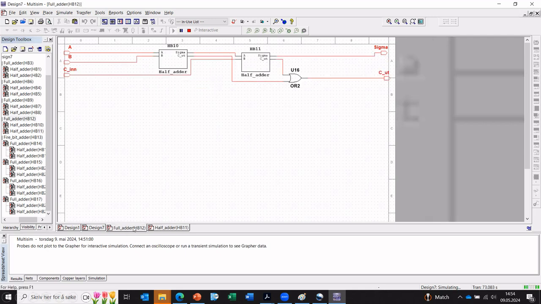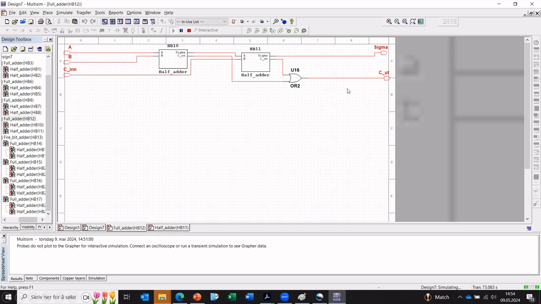Then we have the full adder, which is two half adders put together like this. And we have carry in, we have an A and a B. The A and the B go into the first half adder, and out of the first half adder, the sigma goes into A on the next half adder, and the C out on the first half adder is ORed with the C out of the second half adder, and the carry in goes into the second half adder.